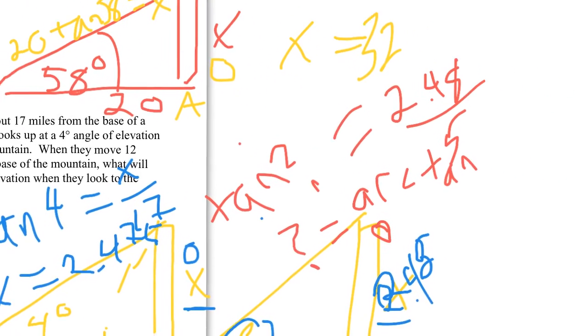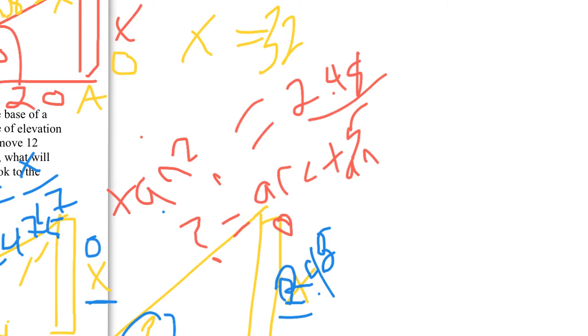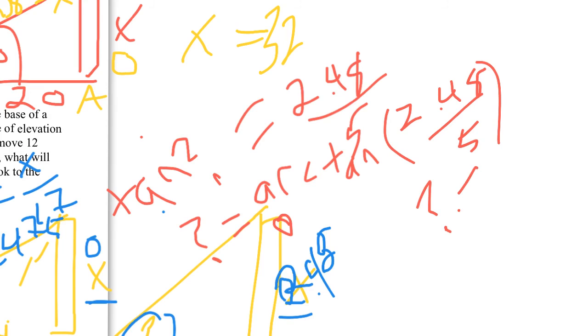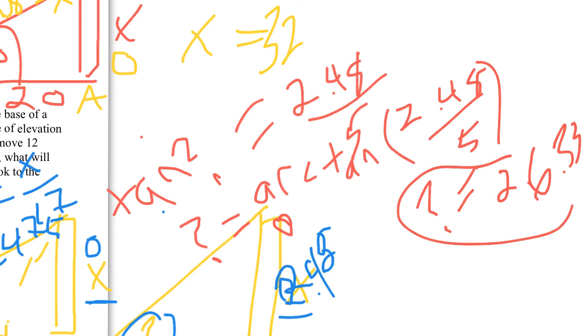I'm going to zoom out a little bit so we can see. So arctan of 2.48 over 5, we get question mark is equal to 26.33. It's 26.34, but that's good enough for us.